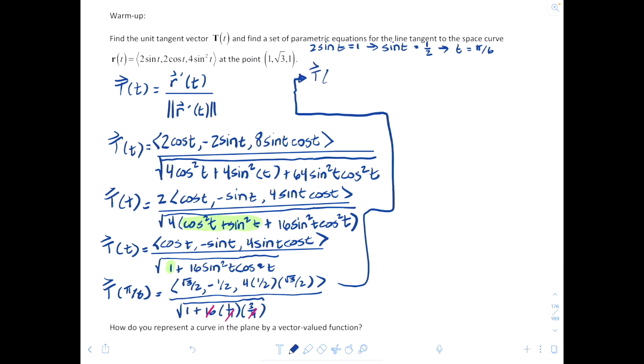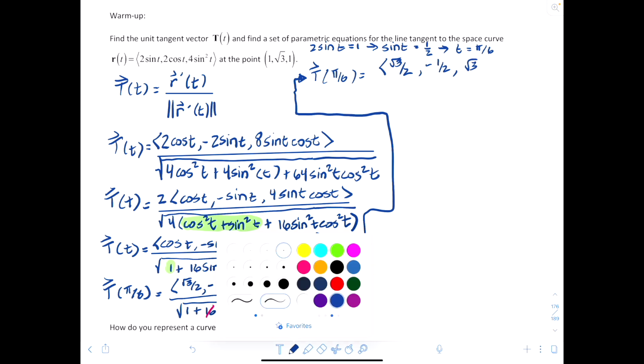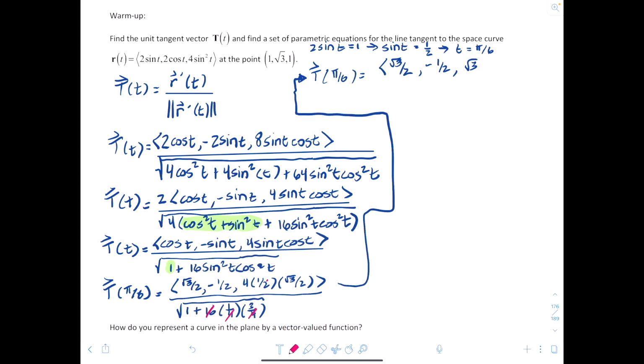So T at pi over 6 will be root 3 over 2, negative a half, and then we will have root 3, because these 2's will divide out the 4, and then that's over root 4, right, which is 2.